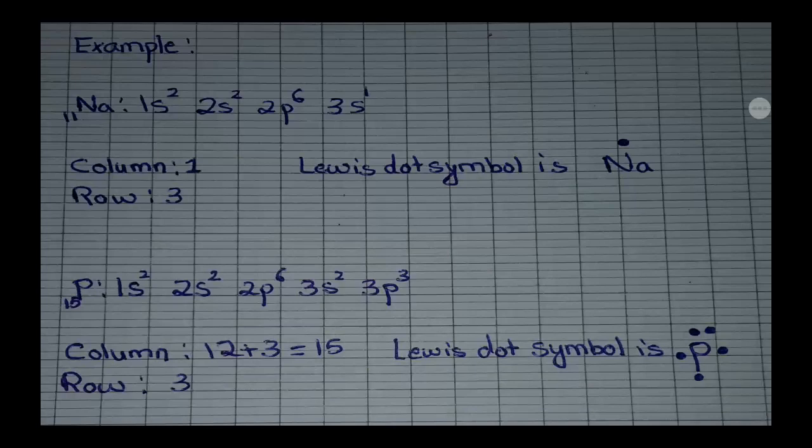Again, the Lewis dot symbol is based on the column, and since it is in column 15, then there are 5 electrons on its outer energy level, and we can count them: 3s2, 3p3.